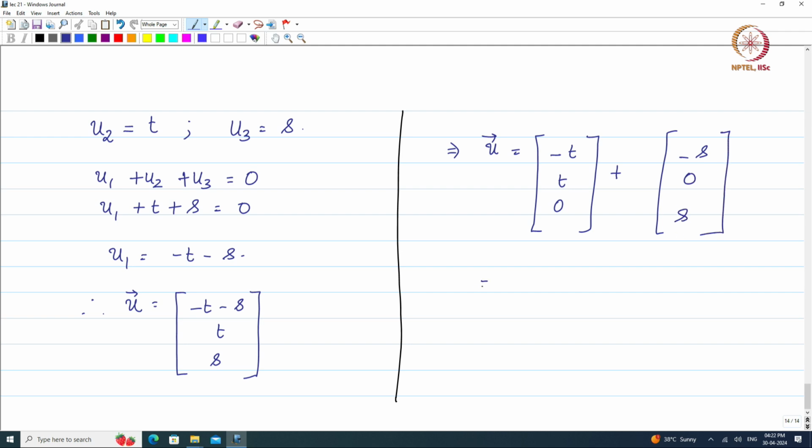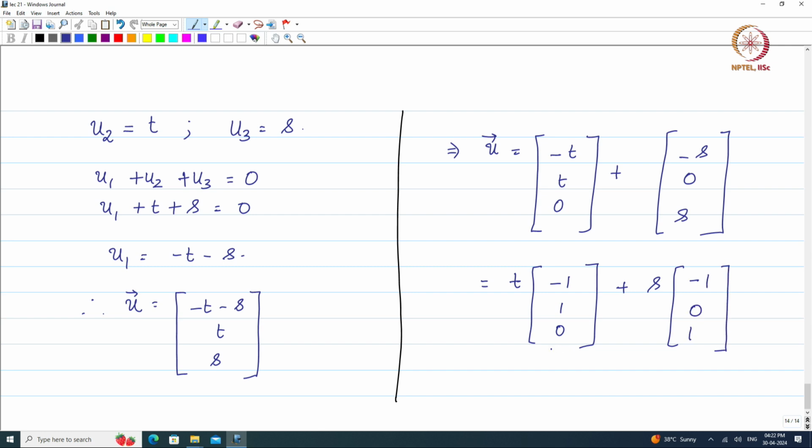Essentially, I pull the t out: t times minus 1 1 0, plus s times minus 1 0 1.